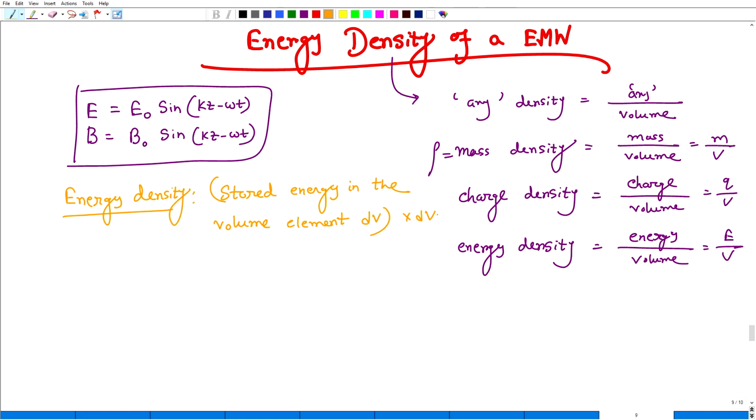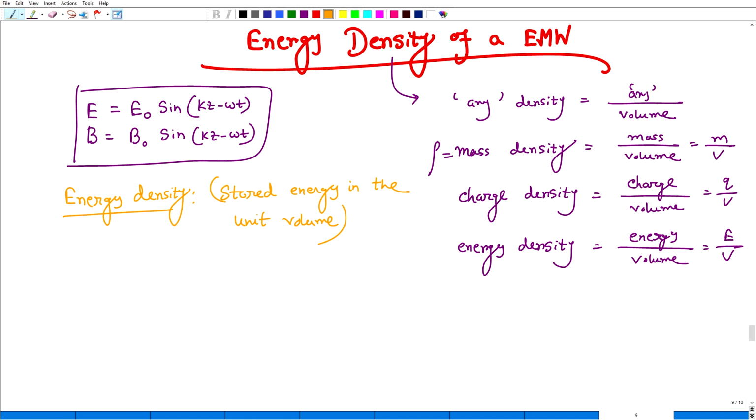If we have a volume element dV, then it will be the total energy, right? Sorry, there is a confusion, let me erase this part. Now it is clear: energy density is the stored energy in the unit volume. Now it is clear, right?